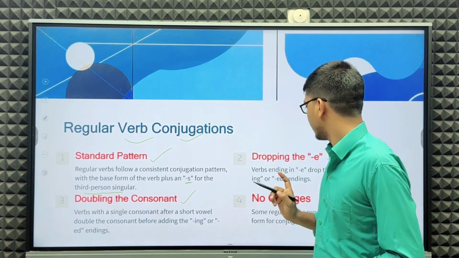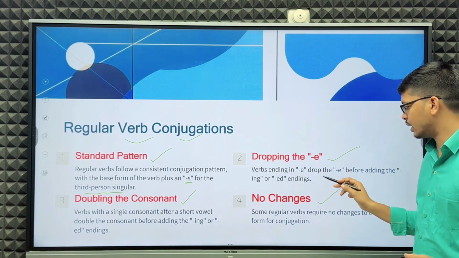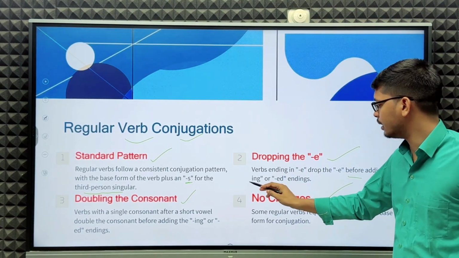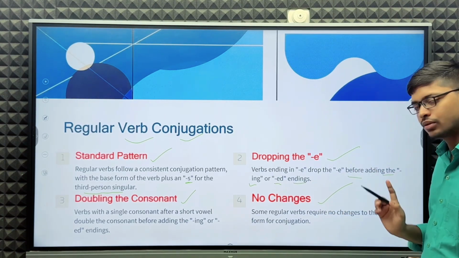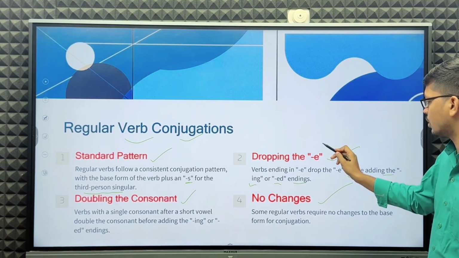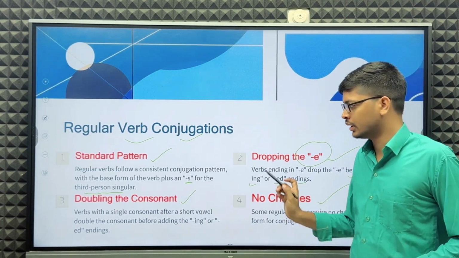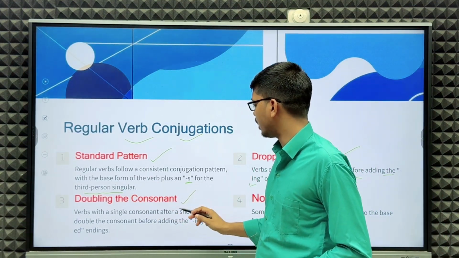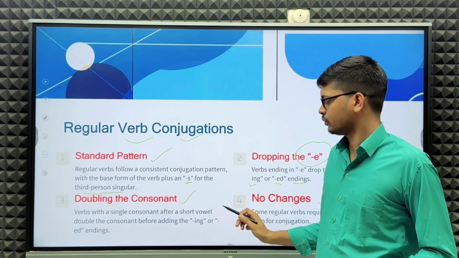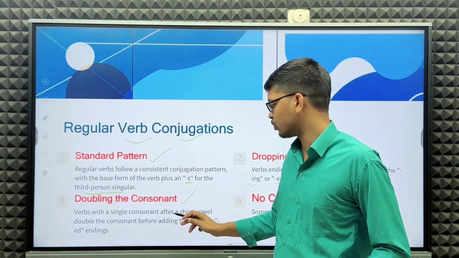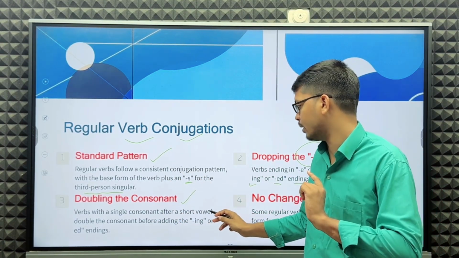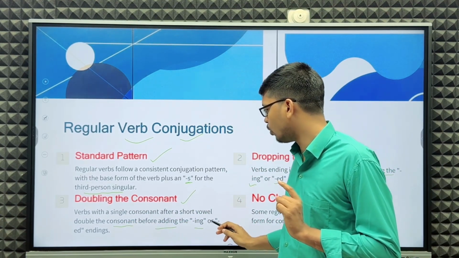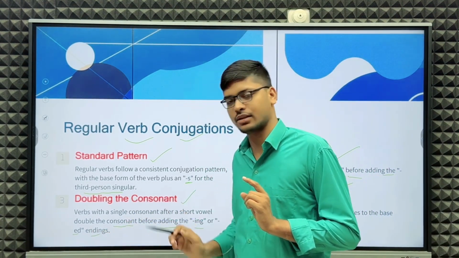Dropping the e: for verbs ending in e, drop the e before adding ing or ed endings. Doubling the consonant: for verbs with a single consonant after a short vowel, double the consonant before adding ing or ed endings.